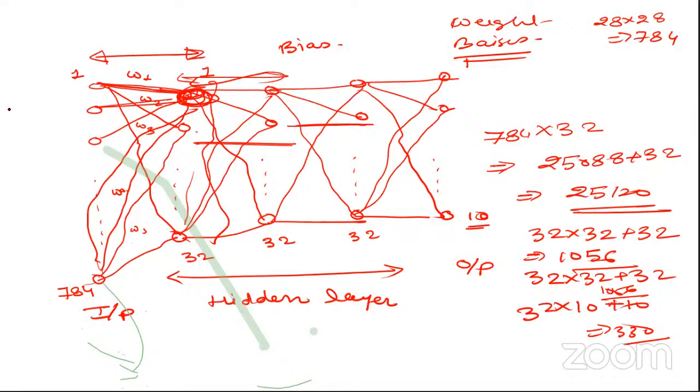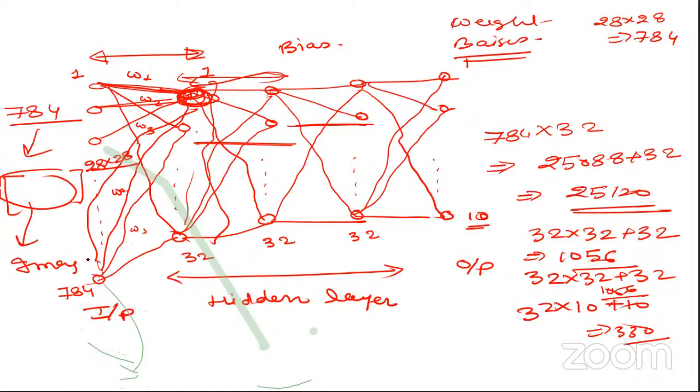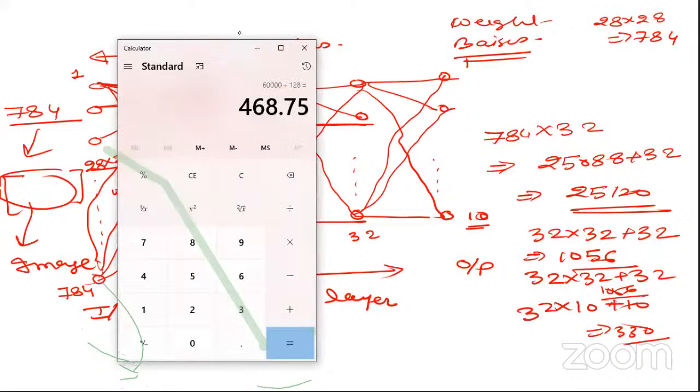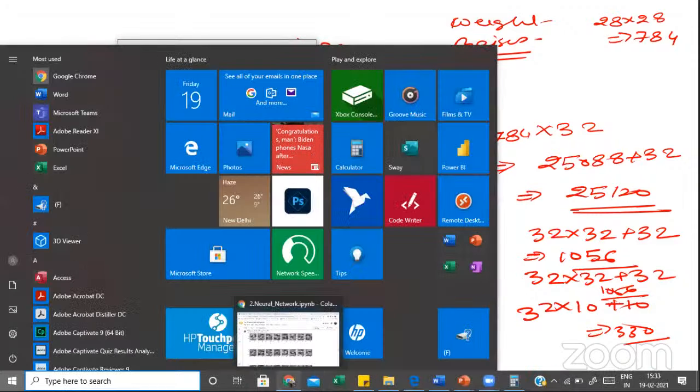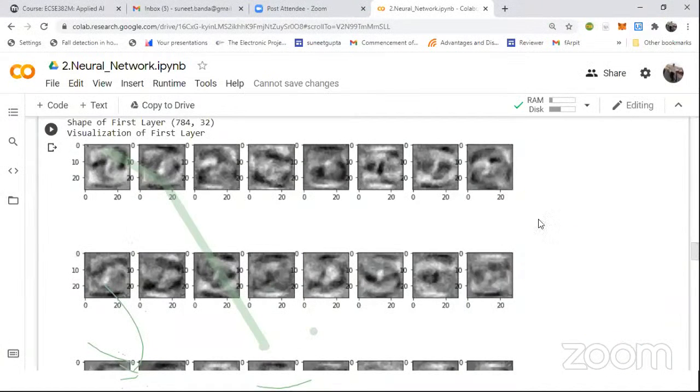So what we did, we simply converted the 784 values into matrix form. If we convert this 784 into a matrix, then 28 by 28 is there, and we converted this matrix in the form of an image. So whatever image you are able to see here in the notebook, in this manner we have generated.